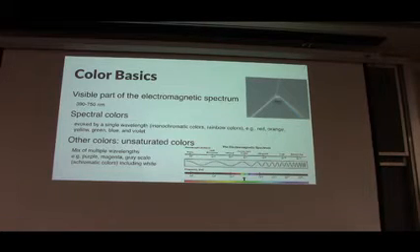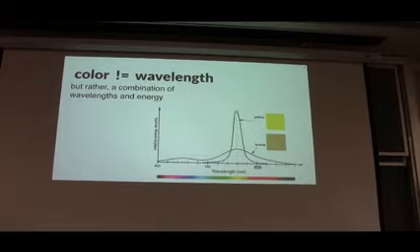Other colors that are not spectral colors are unsaturated colors, and those are a mix of multiple wavelengths. So for example, purple, magenta, and everything that we perceive as white or gray light is a mix of multiple wavelengths. And color is also not exactly equal to wavelength, but rather a combination of wavelength and energy, so the intensity of the stimulus.